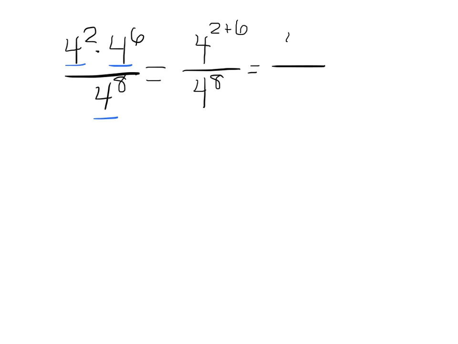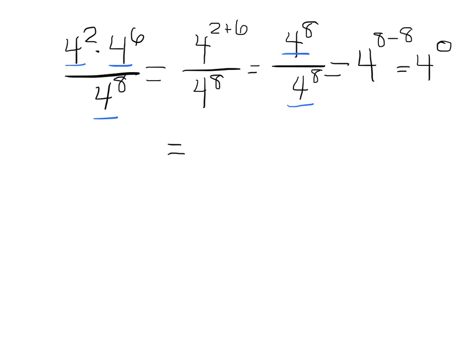So my numerator is simplified to 4 to the 8th, and I'm going to keep my denominator 4 to the 8th. I can now use my quotient of powers property because I have the same bases. So I'm going to take my common base of 4 and raise it to 8 minus 8, which gives me 4 to the 0.